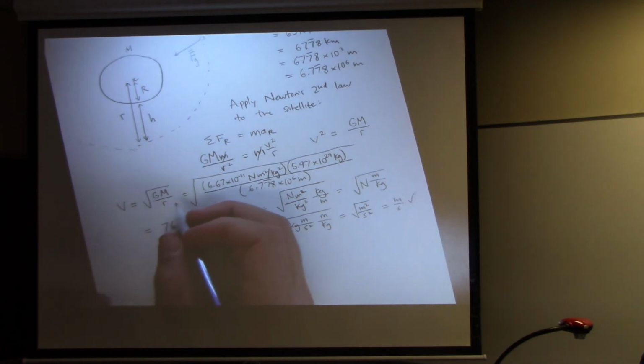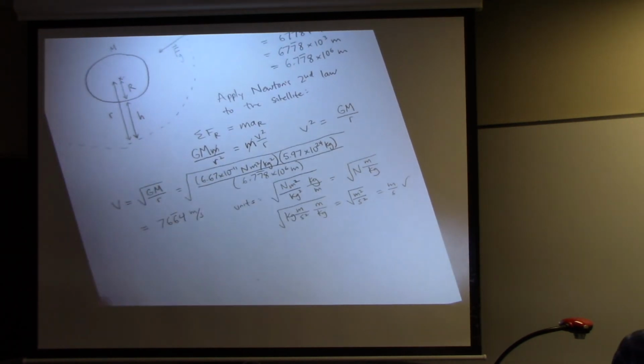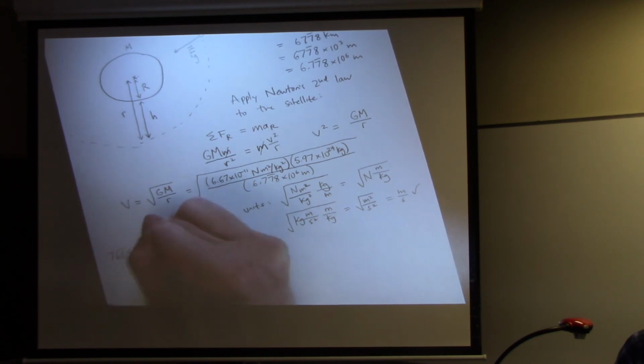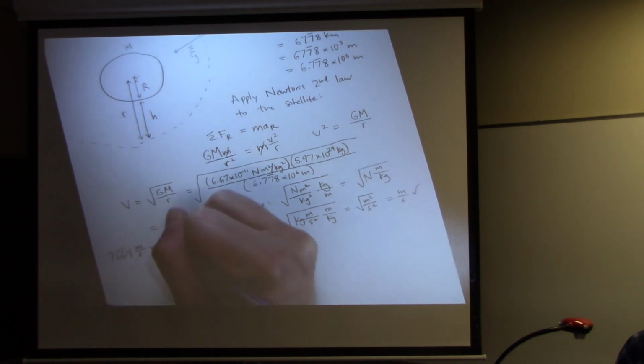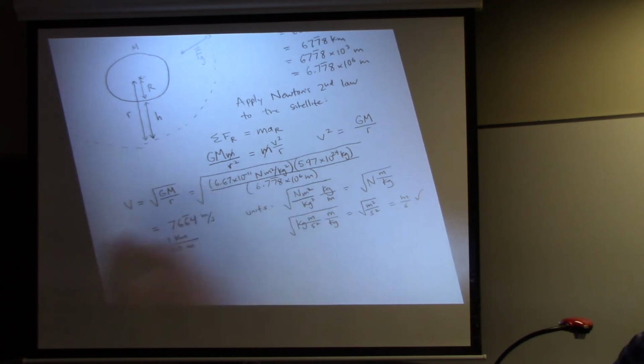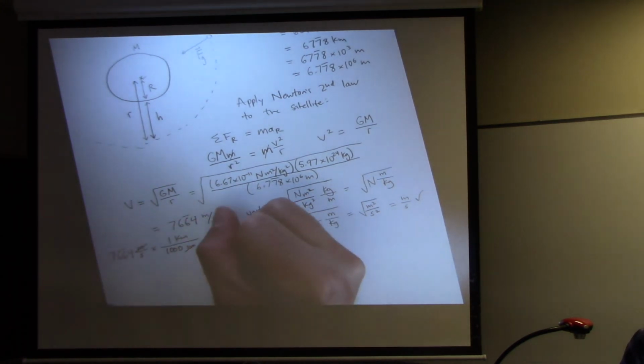How about we do one more thing? Let's convert it to kilometers per second, because the question said give the answer in kilometers per second. So I have 7,664 meters over seconds. Okay, in every 1,000 meters, I have 1 kilometer. That's the conversion factor. So cancel out meters. Now we have kilometers per second.